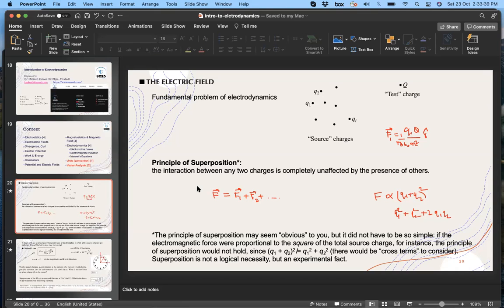The principle of superposition basically adds vectorially with respect to the single charge, where we wanted the test charge to be affected. This is one of the important things.